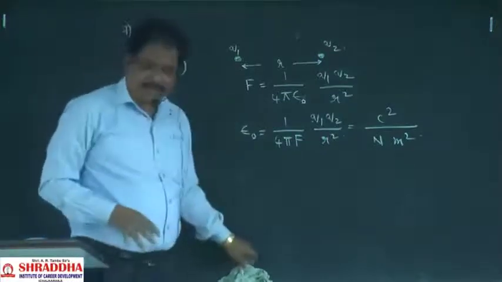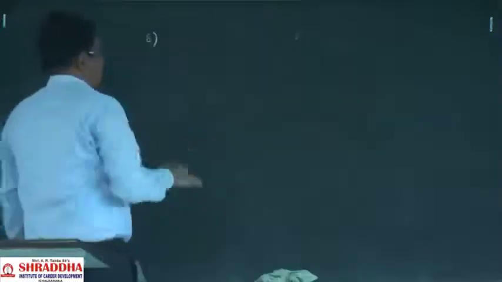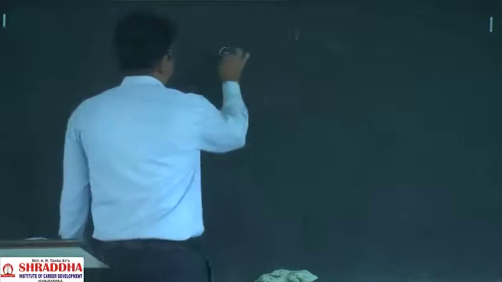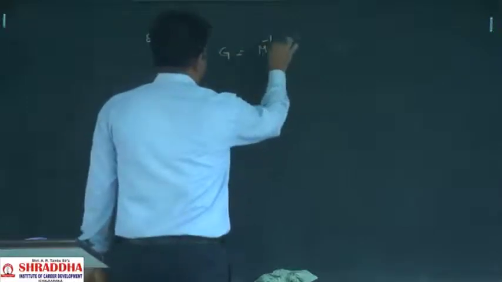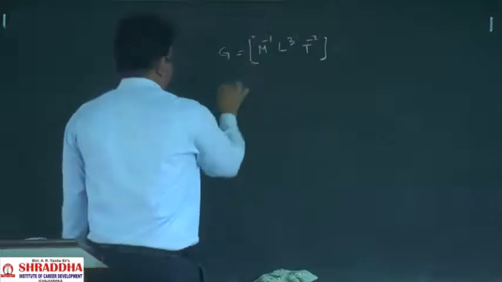Next, 8. Understanding this one? 8, what they are asking. Dimensions of universal gravitational constant. You know what is the dimension formula? M power minus 1 L cube T power minus 2.